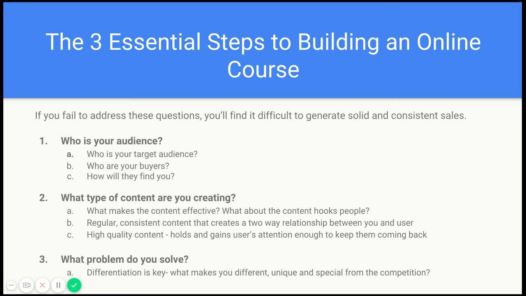And then second, you want to think about the kind of content. There are a lot of different ways to create content: video, blogs, graphics. And so the point here is that you don't have to create the content that everyone else creates.